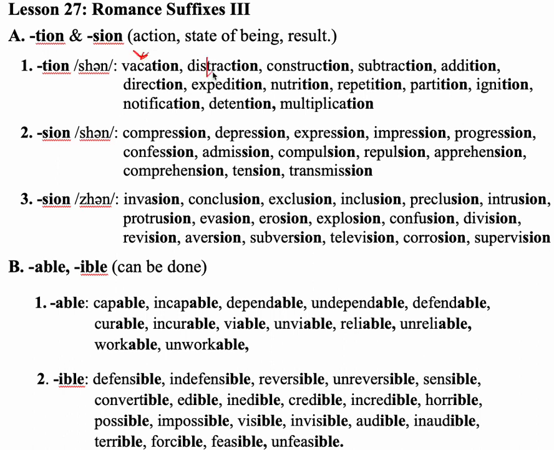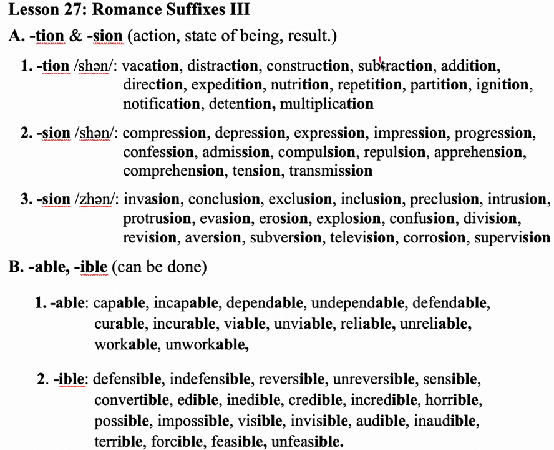Next, we have distraction, closed syllables, short vowels. When you're trying to pay attention, somebody's talking, you can't. That's a distraction. We have construction, and con means with, and struct means to build. So construction is the state or action of building something.